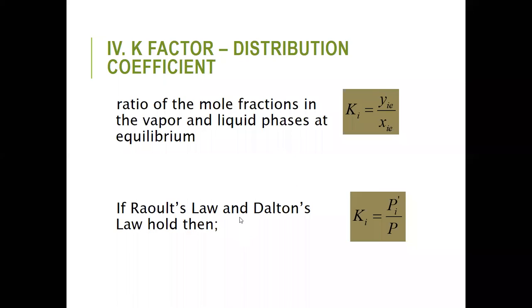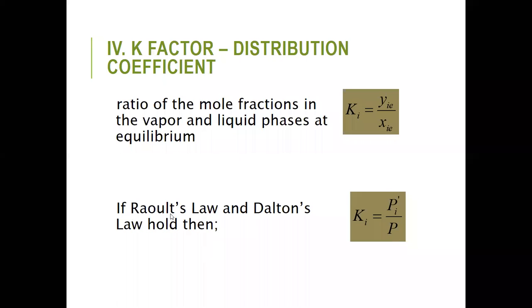Now, if Raoult's law and Dalton's law hold for your particular system, we can also represent our distribution coefficient by P sub i prime over P. This P sub i prime is the pure vapor pressure of component i, again, pure vapor pressure of component i divided by the total pressure of your system.